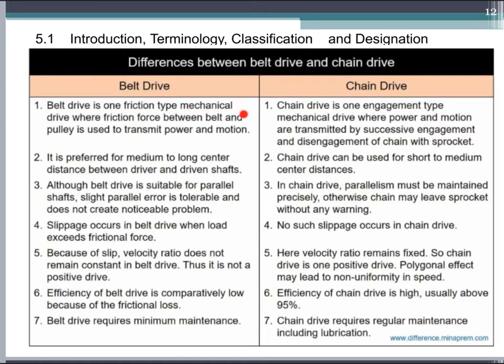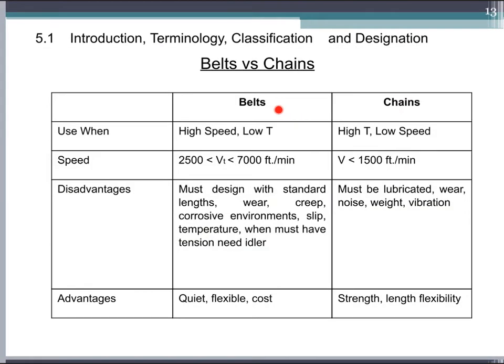So this is the difference between belt and chain drives in terms of operation. Usually belts are used in high speed with lower torque applications, and chain is usually used in high torque but lower speed applications. There are some disadvantages related to belt, which must be designed with standard length, because belts are usually made in a closed loop strip, and they can easily wear, creep, and a corrosive environment can make them slip.